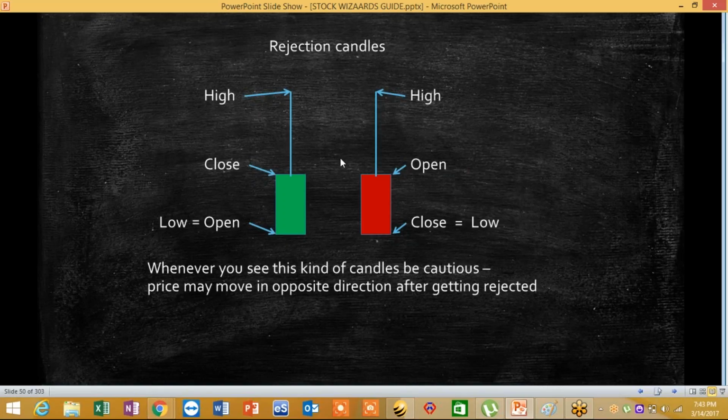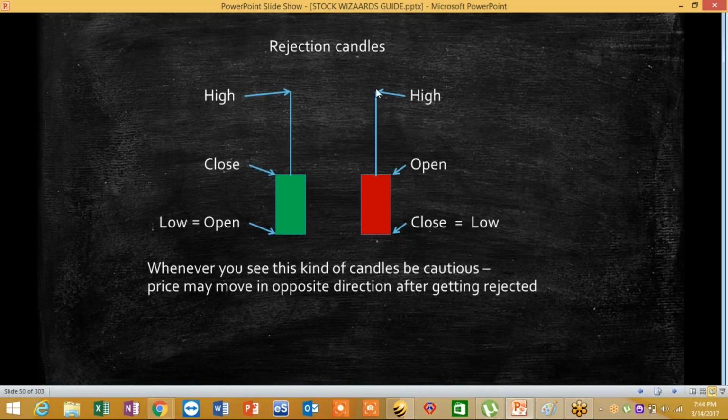What happened in this candle is the candle opened here. Then it went up high till here. At that time the candle was green. Then suddenly people try to push off from this level, and this was a level of rejection again.